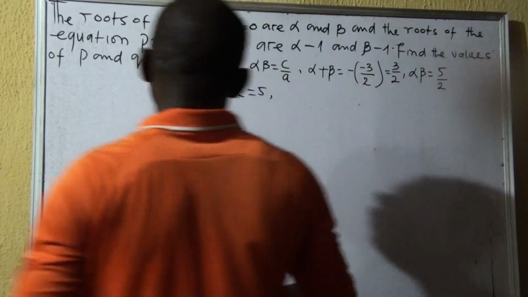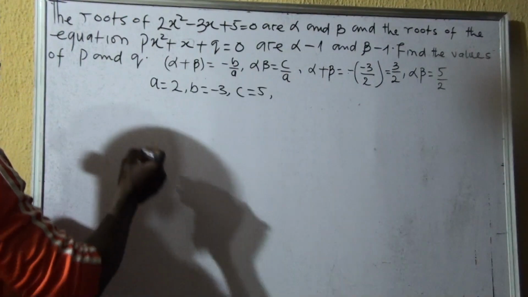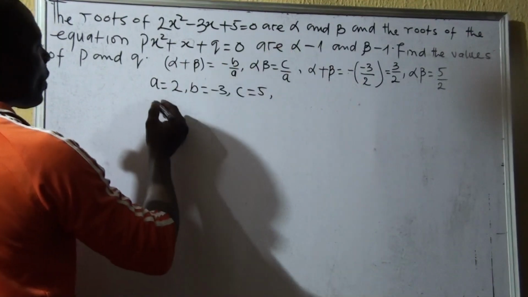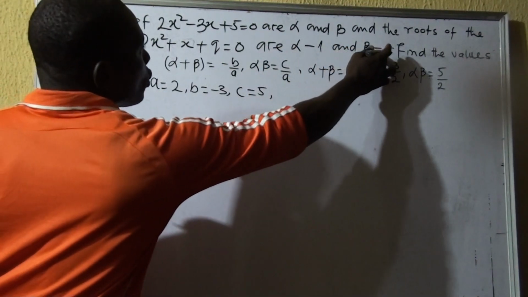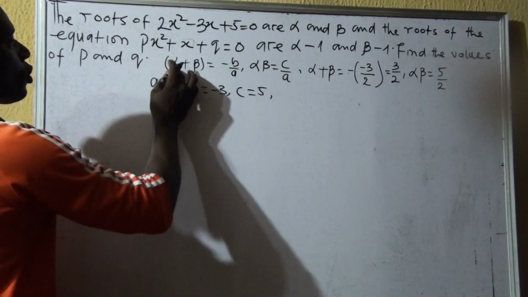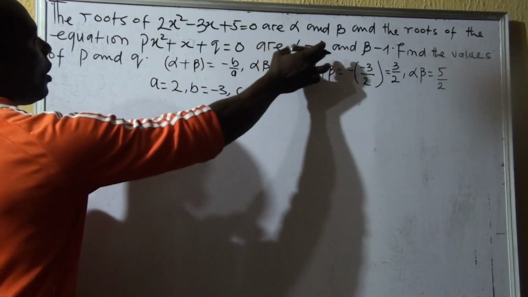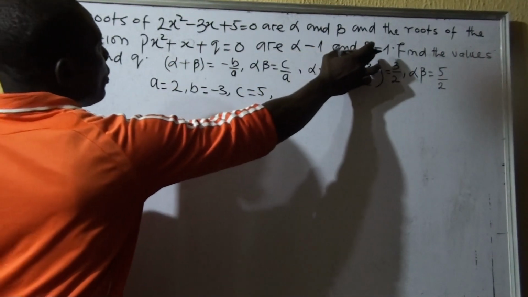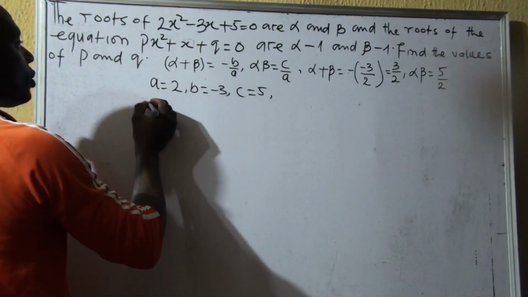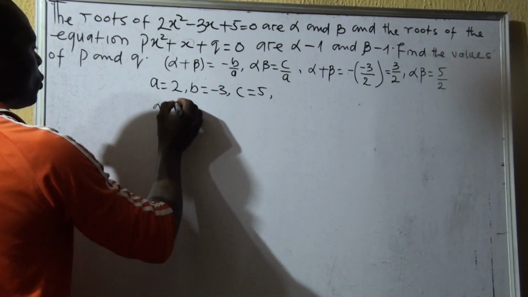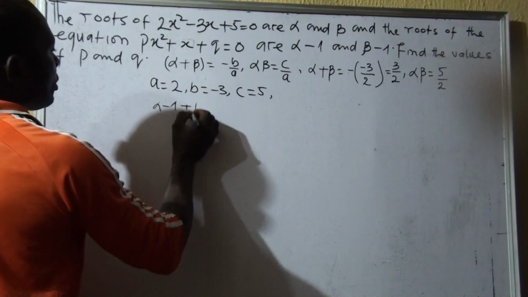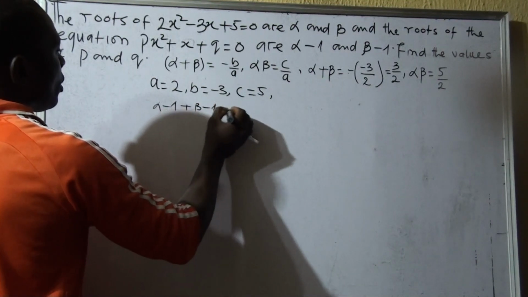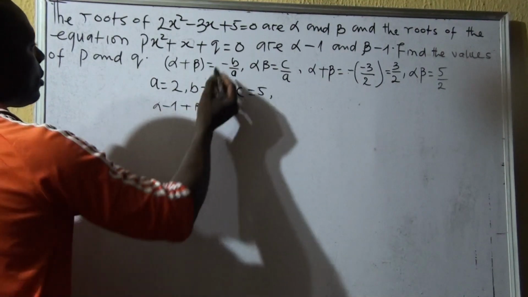In the second equation, the roots are alpha minus 1 and beta minus 1. So let's find the sum first, which is alpha minus 1 plus beta minus 1. We know that the sum of roots is minus b over a.